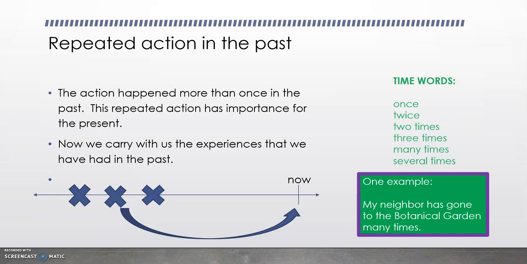She can probably tell me if I need money, how much money do I need, where is it, where should I park, what will I do, is it a good place for kids or not, is it ever free? She will know those things. That's the experience that she carries with her because of her past actions that repeated. So here are the time words: once, twice, 2 times, 3 times, many times, several times.